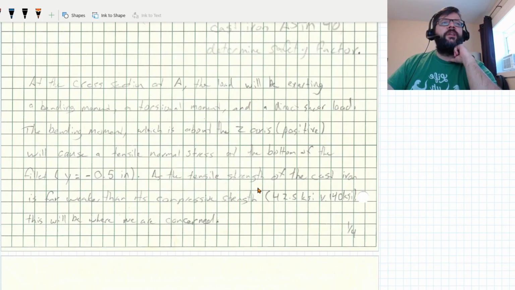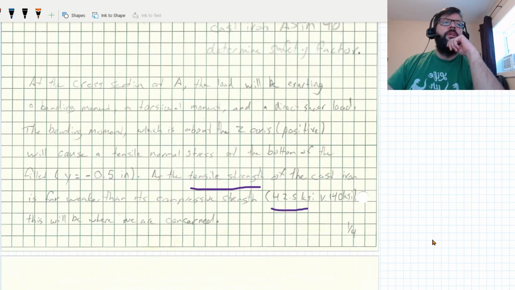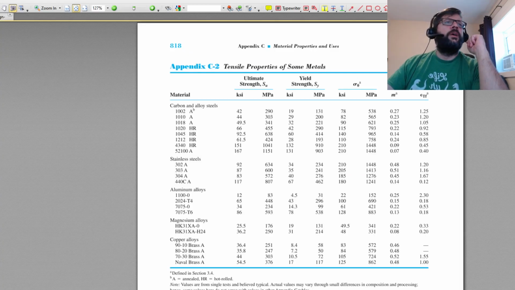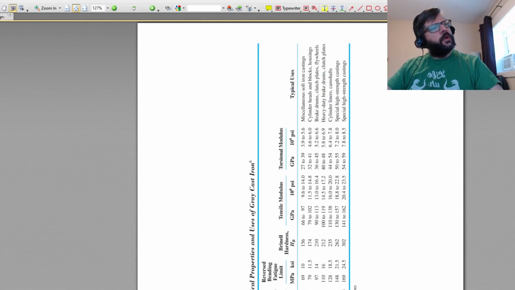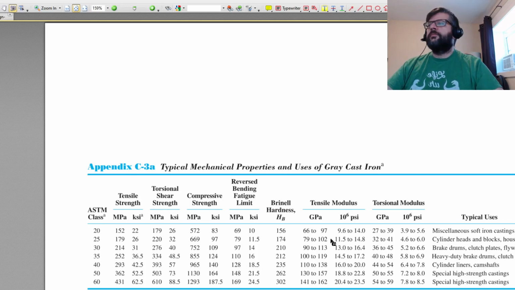And since the tensile strength of the cast iron is a lot weaker than its compressive strength, it's 42.5 KSI versus 141 KSI, and again, that is from our Fundamentals of Machine Component Design textbook, Juvinall, taken from Appendix 3A.